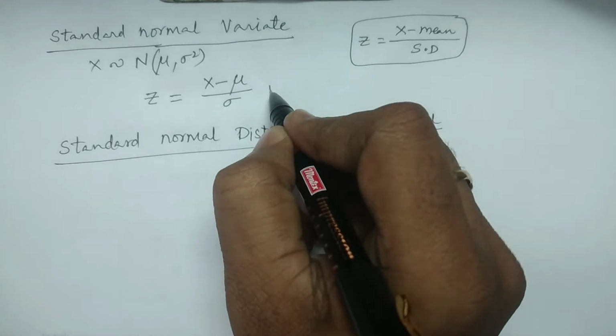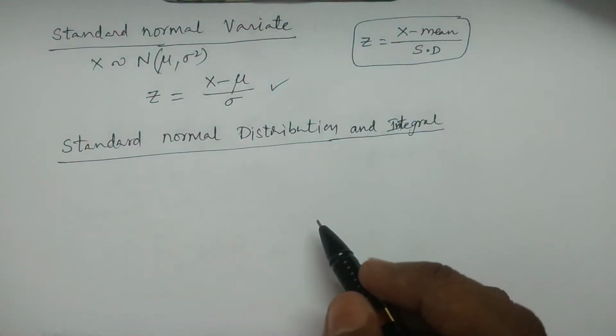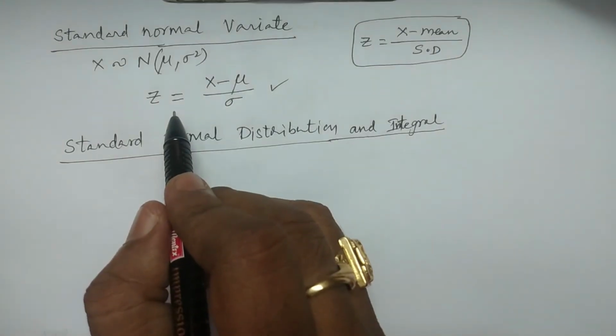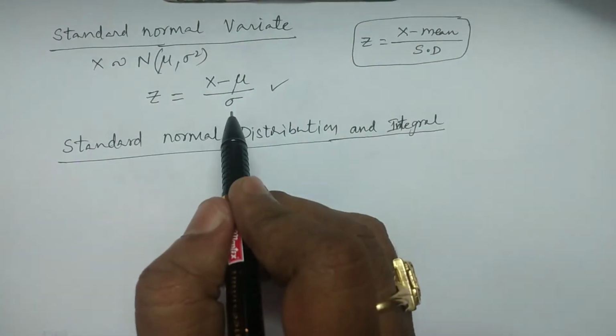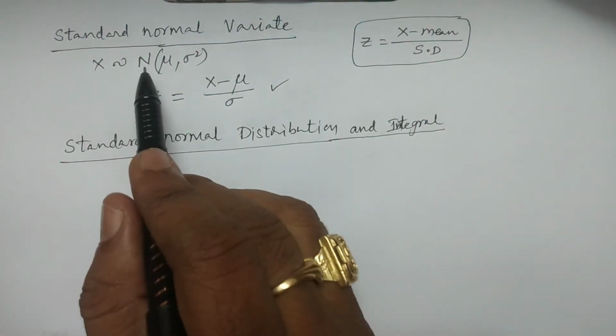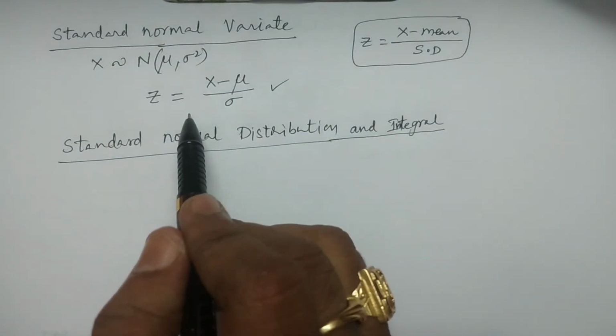This is called standard normal variate. It is also called standard normal variable. So this is the definition: x minus mu by sigma is known as standard normal variate, if x follows N(mu, sigma square).